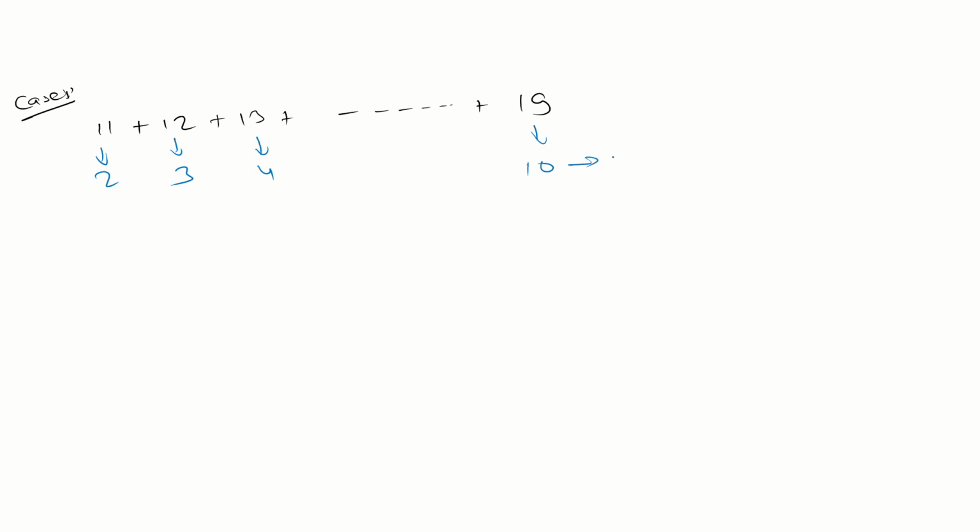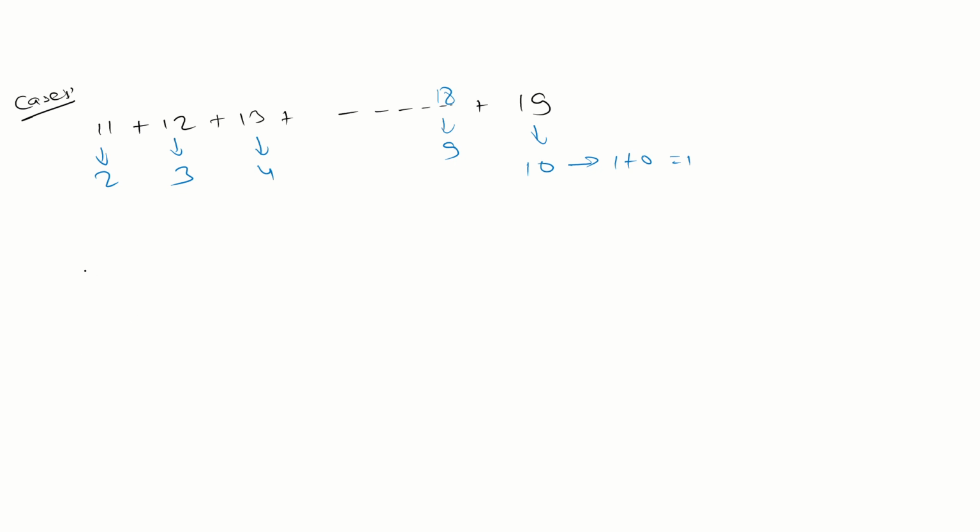So can I write 1 plus 0? It's again 1. So this is the same: 1 plus 2 plus 3 plus 4 plus up till 9, because before 19, that is 18, so 1 plus 8 is 9. So it's again the same formation, 1 plus 2 plus 3 plus up till 9.